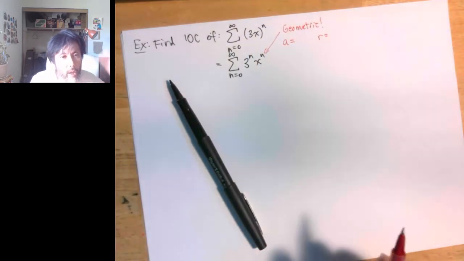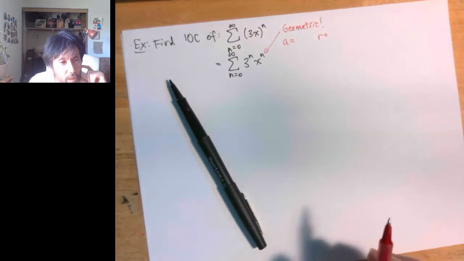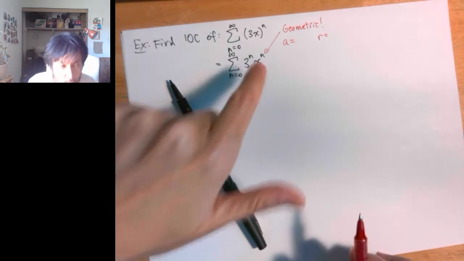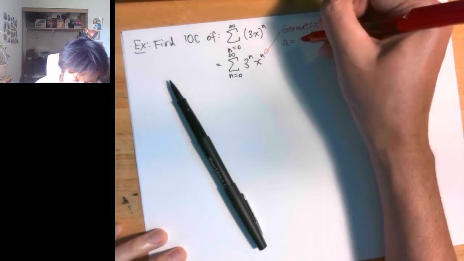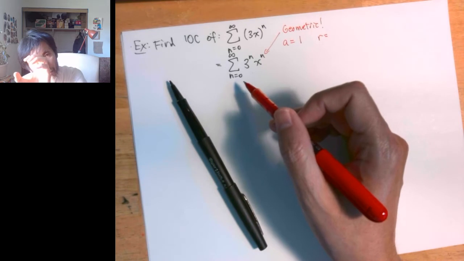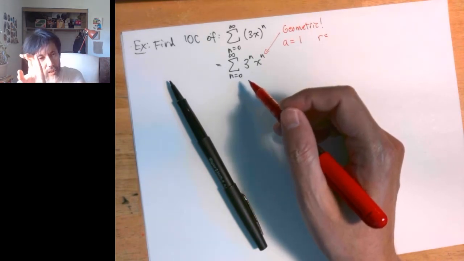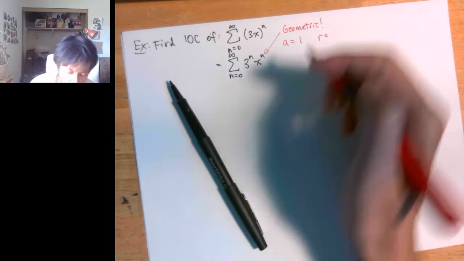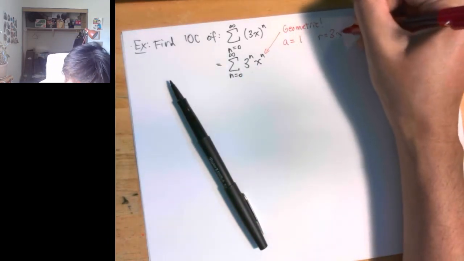Remember, those are the parameters that you're allowed to tweak in a geometric series. So a is always the first term. The first term here is what we get when we stick n equals 0 in, and that's 1. Can we all agree? Now what's r? r is the thing that we multiply the previous term by to get the next term. And I hope that it's clear that here r is 3x.